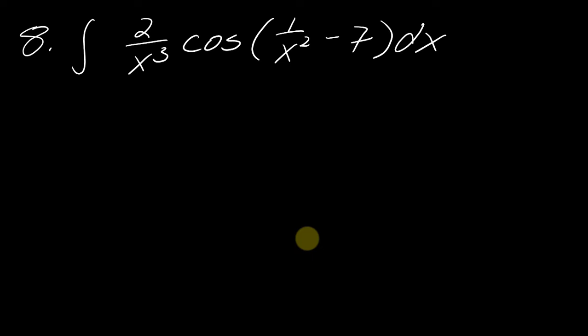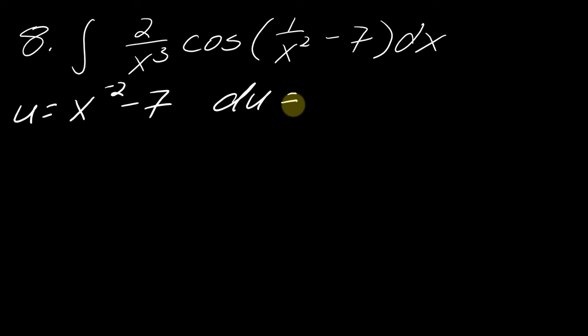Okay, so for number 8, this one is also a substitution problem. In this case, my u is going to be the inside of this cosine function. So actually, let's write this not as 1 over x squared, but as x to the -2, minus 7.